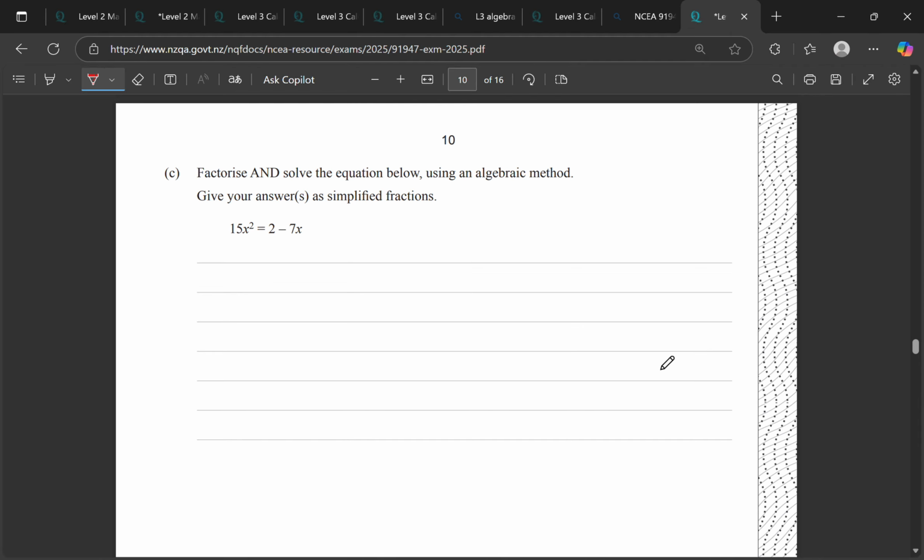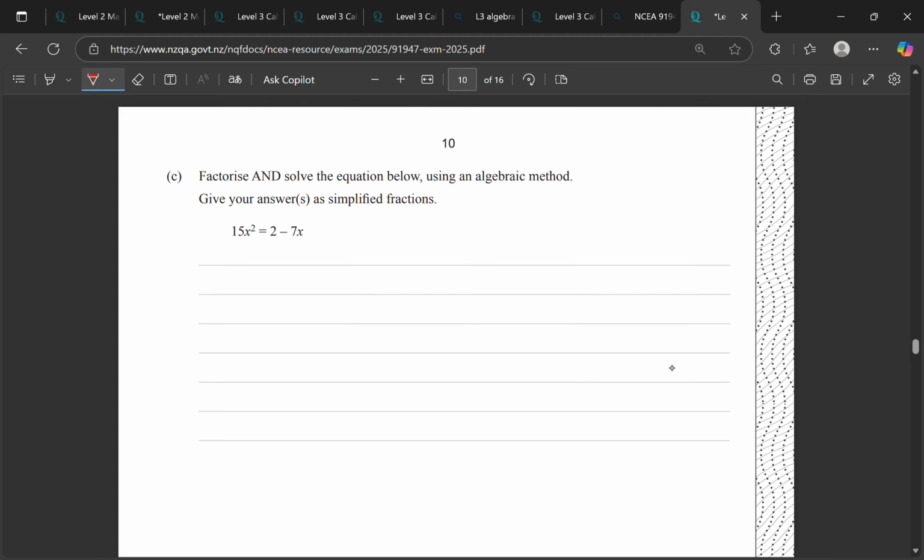Question C now. It says factorize and solve the equation below using an algebraic method. Give your answer as simplified fractions. All right, so we have to rearrange it, right? So it's 15x squared plus 7x minus 2 equals 0.